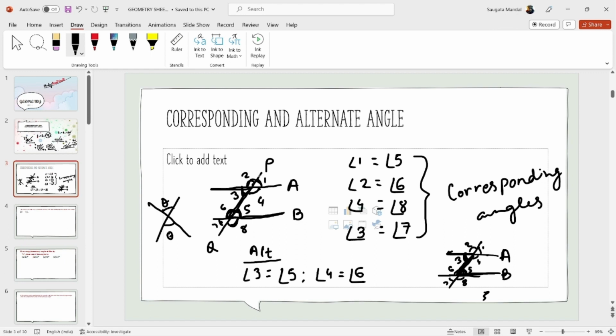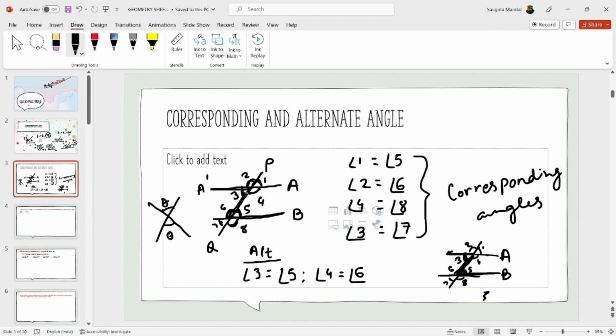In this figure, this is a line PQ and this is a line A dash. Two lines PQ and A dash bisect each other, and two angles are formed in the opposite section, that is theta 1 and theta 3. They are vertically opposite angles.